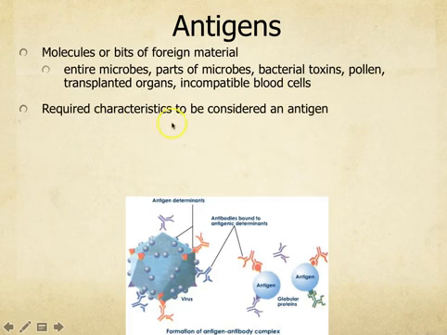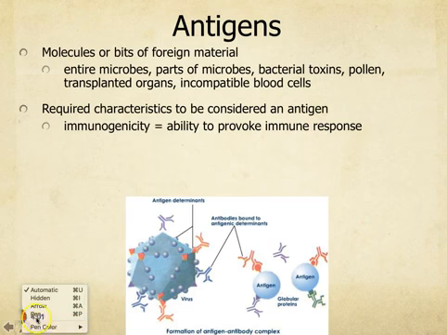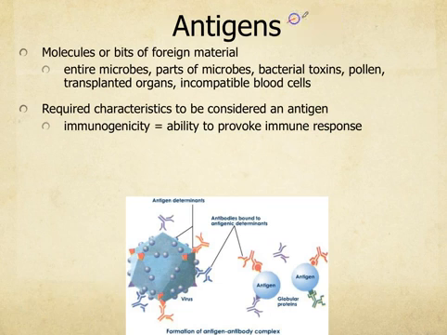So there are certain characteristics something has to have to be considered an antigen. One, it has to be able to provoke an immune response. It's not considered an antigen if it does not provoke an immune response. The word antigen is actually a contraction of two words: antibody generating.